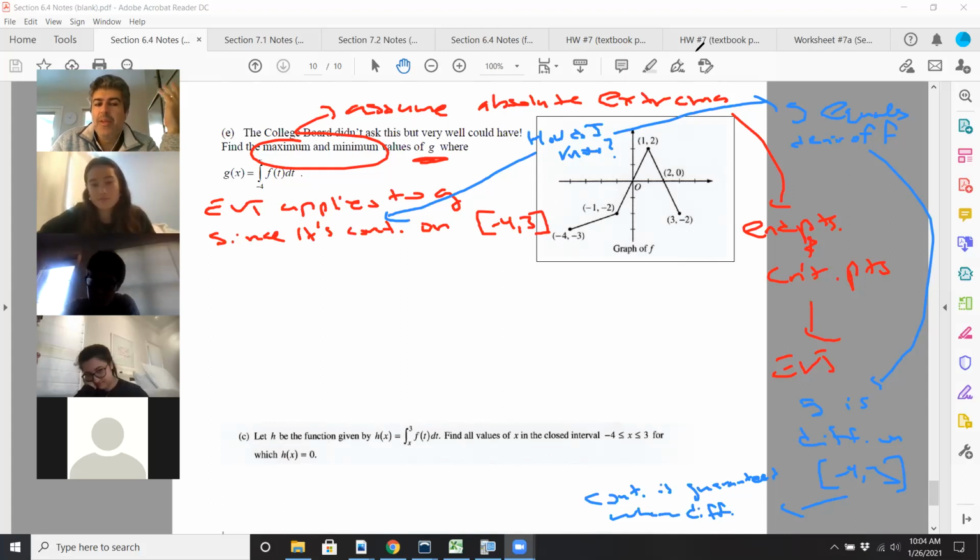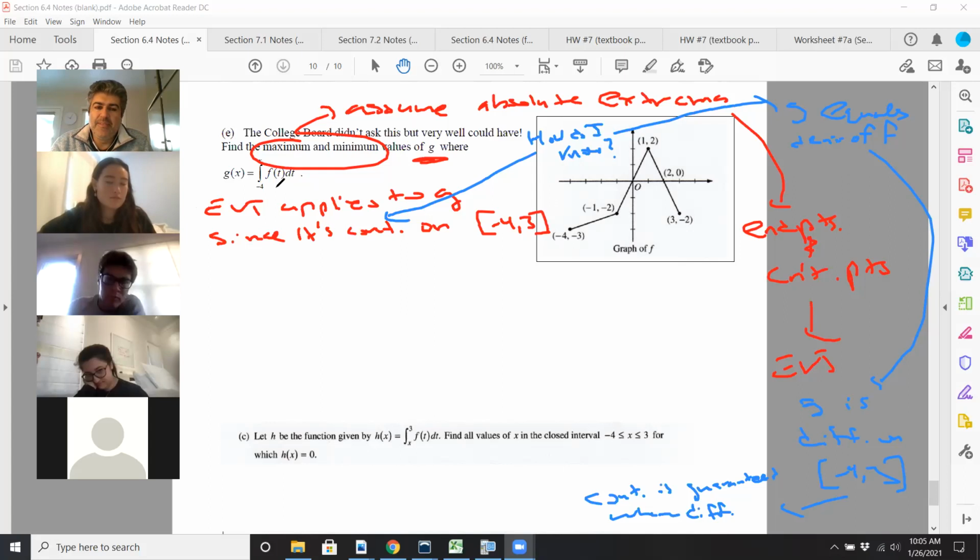But because you know the relationship between G and F, and you have the graph of F, remember G is the integral of F. If you do the derivative of G, that's going to equal F. So you can start answering questions about G by using fundamental theorem of calculus. And again, I know that G is going to be continuous because I could take the derivative of this, and it's going to equal F.